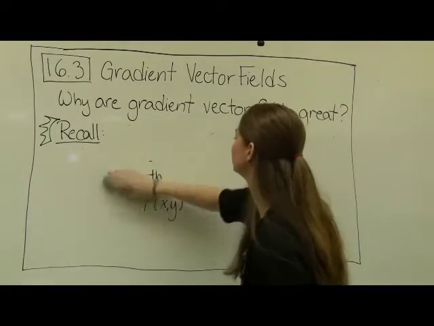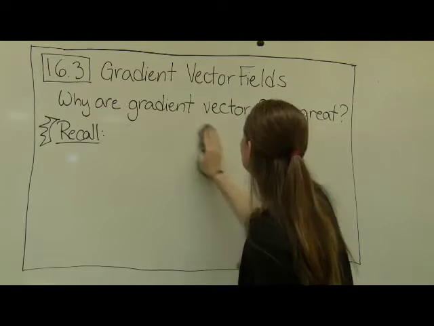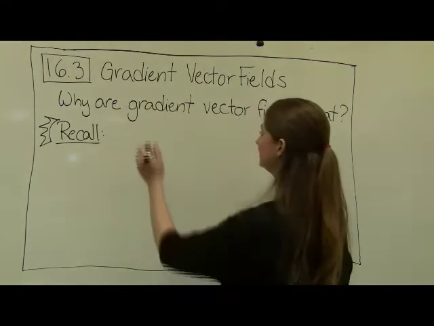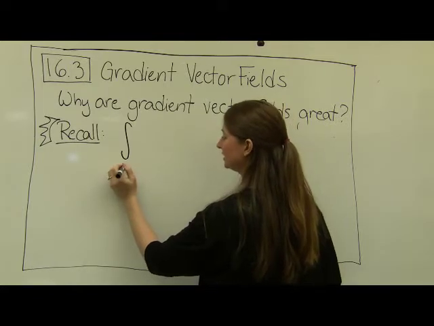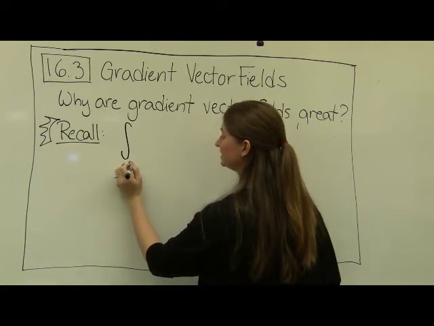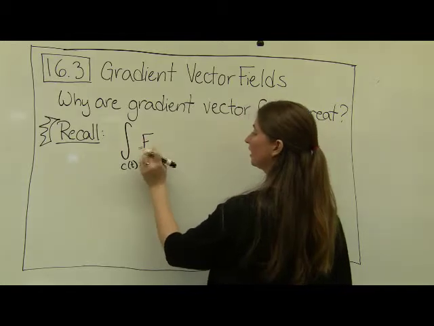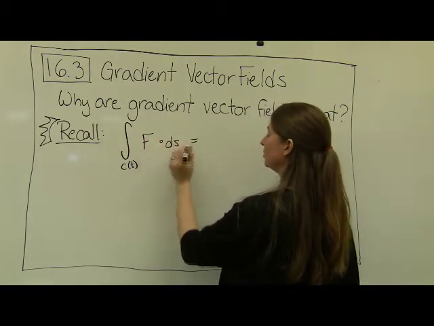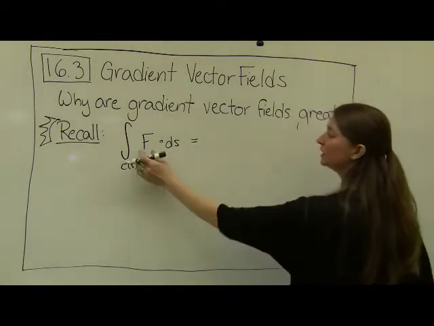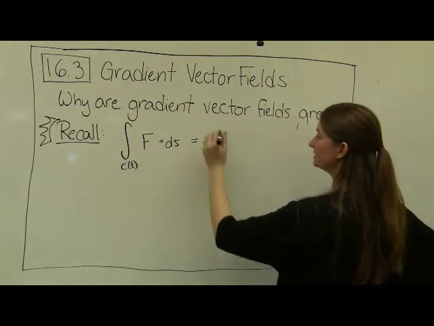Another fact that I want to recall is line integrals. So in the last video that we saw, we decided that a vector line integral over some path c of t of our vector field F dot ds, we can compute this line integral regardless of what kind of vector field this F is.